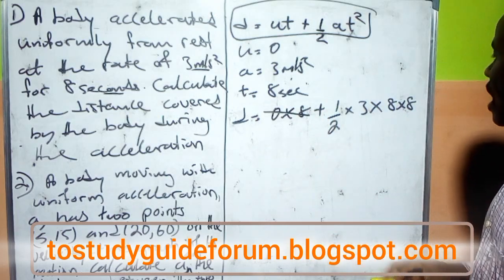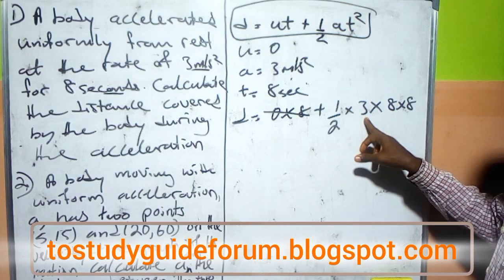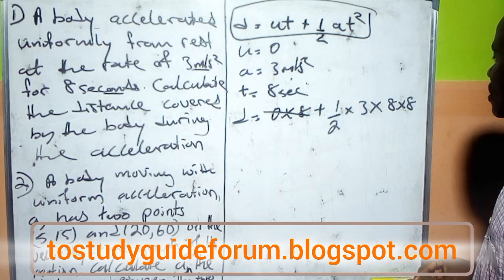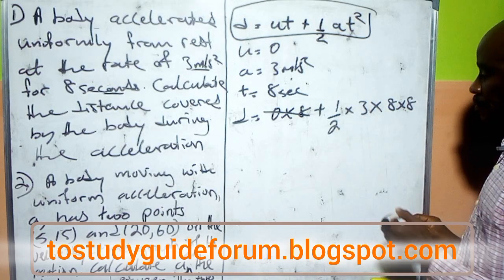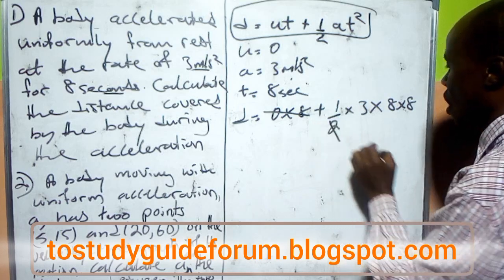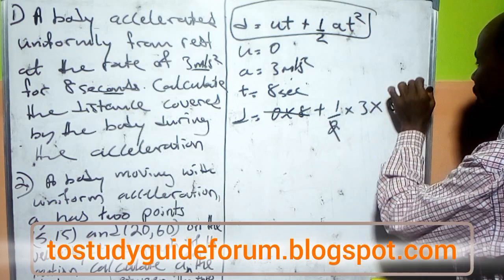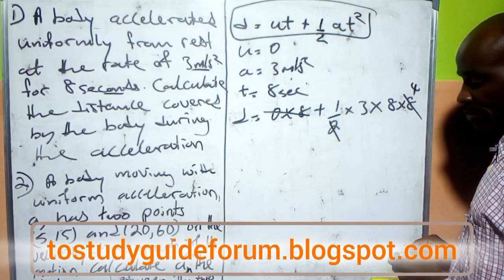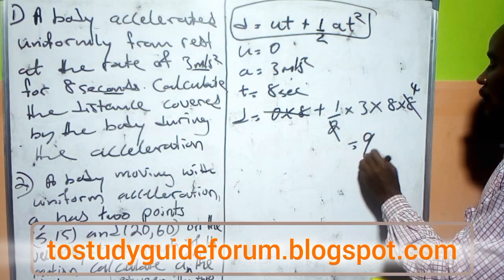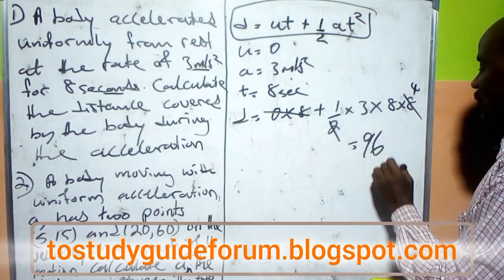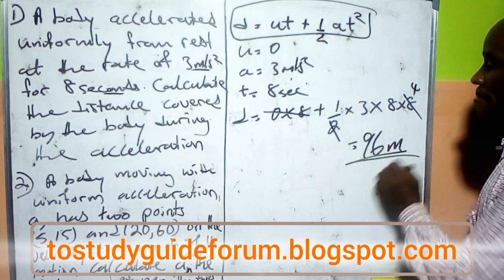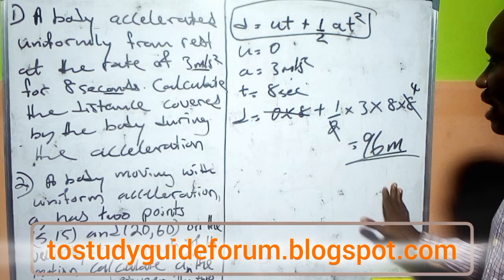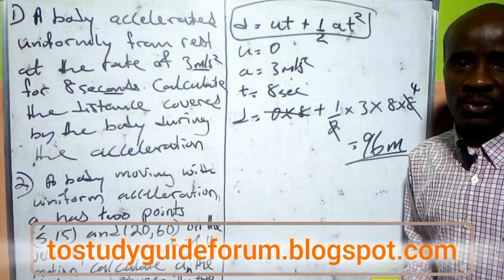Now, the next one we have is 3 times 8 times 8, all over 2. We cancel out, we have 4. Everything we have here, we multiply: 3 times 8 times 4. We will have 96 meters. That is what the distance is based on what we have here.